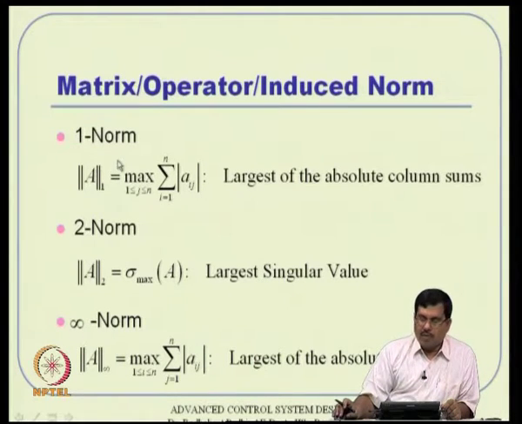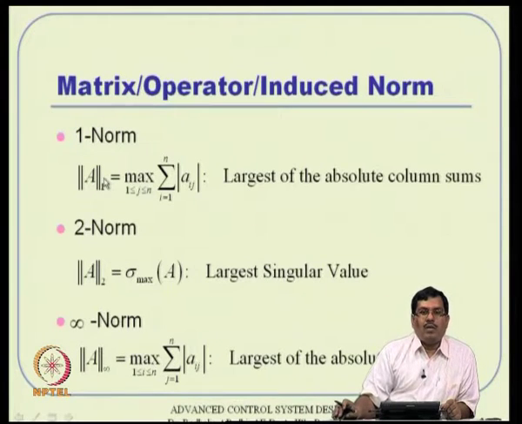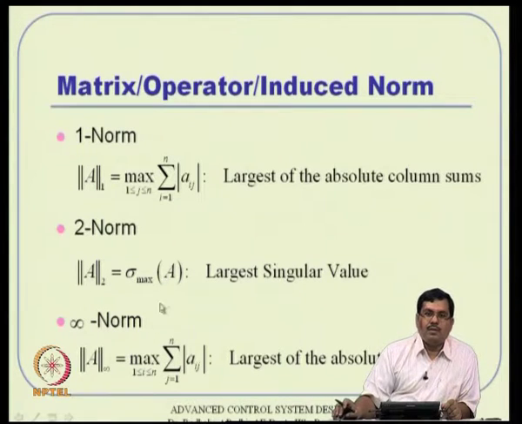It tells us what the one norm, two norm and infinity norm are. Again, as I told, these are the three quantities that we will worry about most of the time. Let us talk about the two norm, which is very popular, and is nothing but the maximum singular value. Singular value is something that I will take you through in the definition sense later.